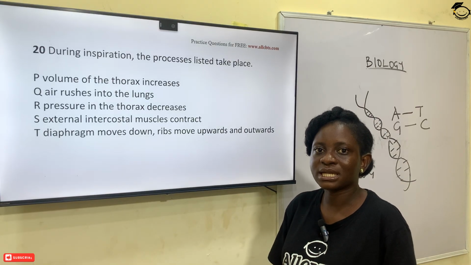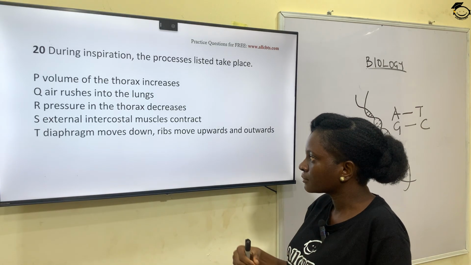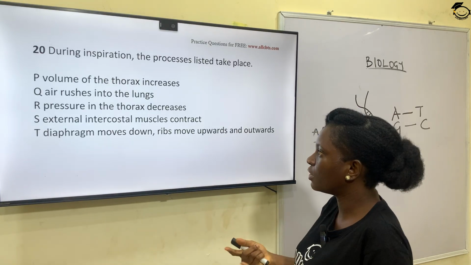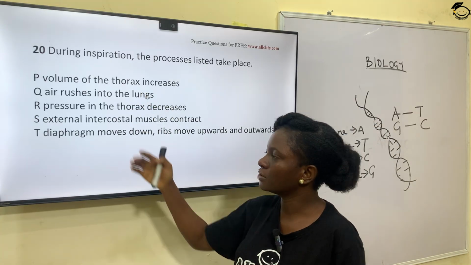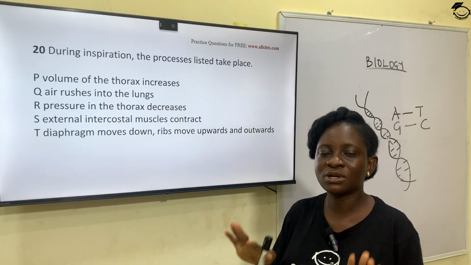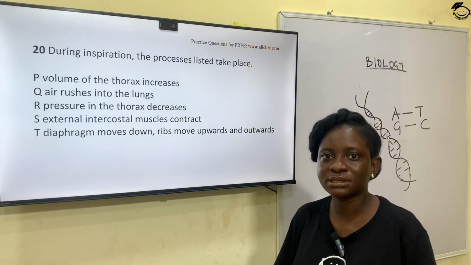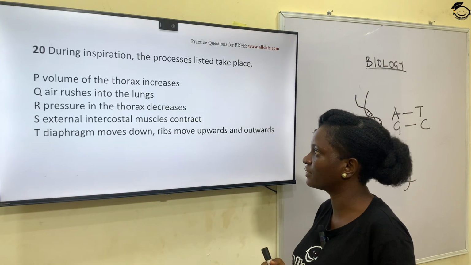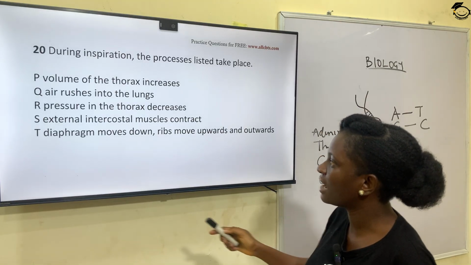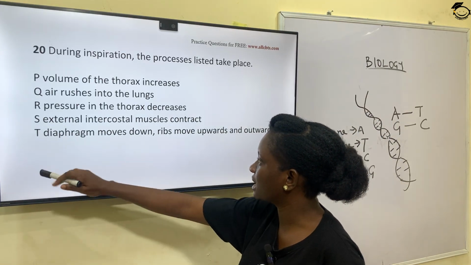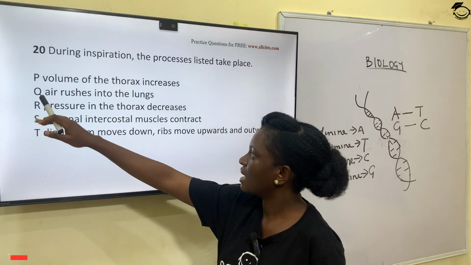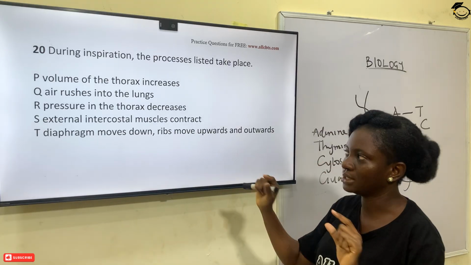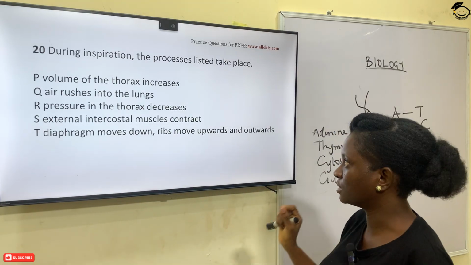As you try to suck in air, there's contraction, the ribs move upward, and the volume of the thorax increases. Once the volume increases, pressure decreases and air rushes into the lungs. So before we look at the options, we have S, T, P, R, Q. That's the order in which inspiration takes place.